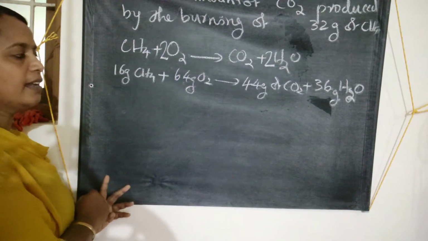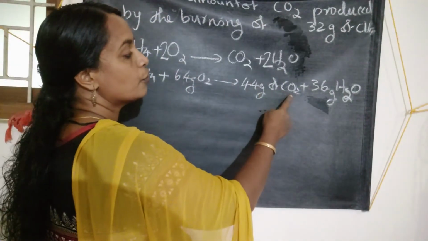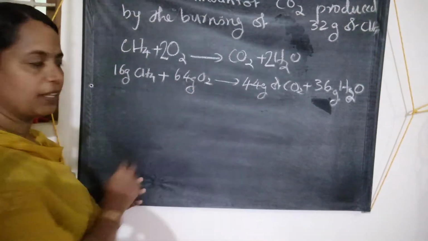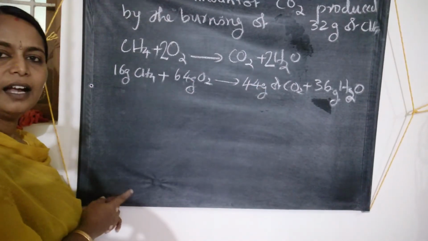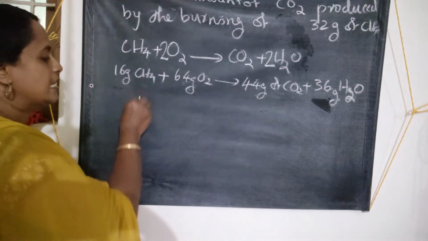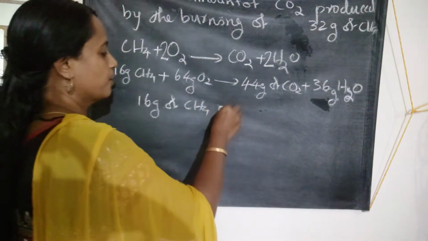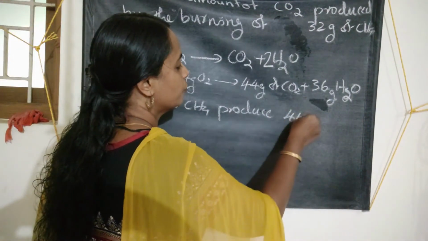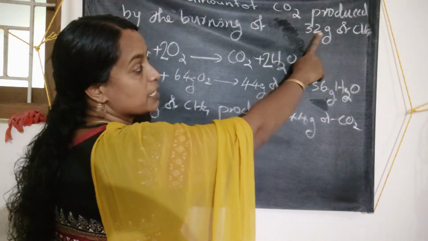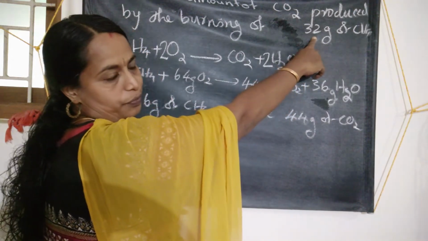Ready? We have to calculate the amount of CO2 produced. That is CH4 and CO2. Neglect the other quantities. From this expression, we can say that 16 grams of CH4 produce 44 grams of CO2. We have to calculate the carbon dioxide produced by the burning of 32 grams of CH4.